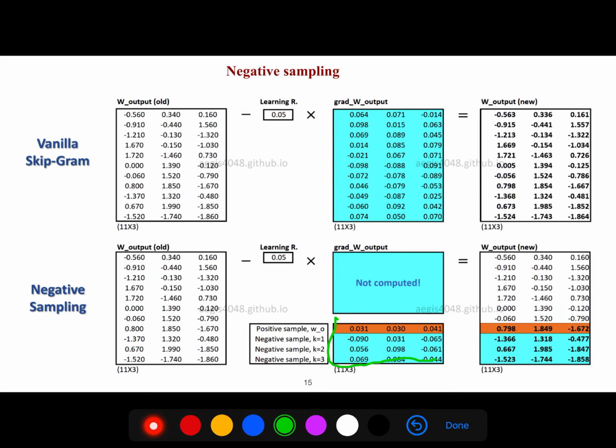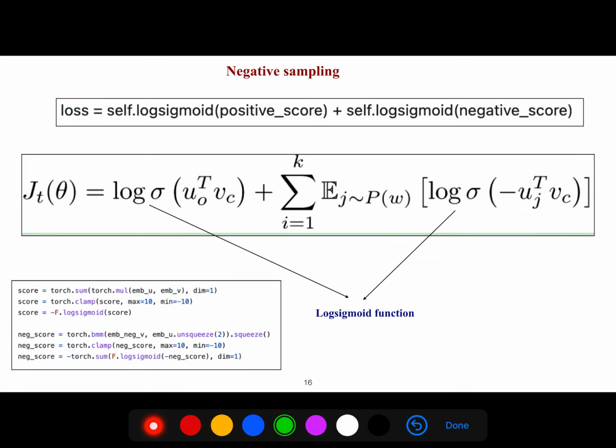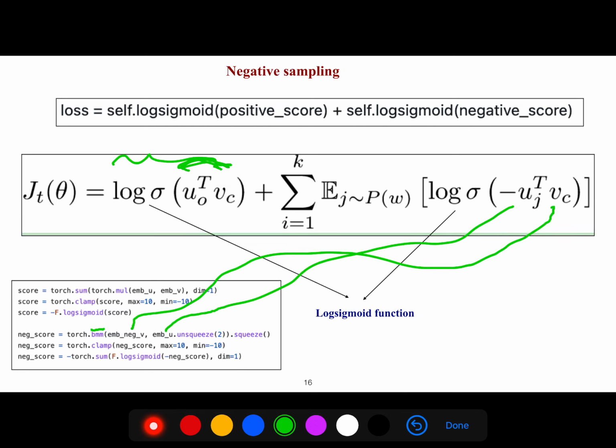You will see here for loss you need a negative loss, and you need a positive loss here because you want to increase this likelihood. What you get here is the batch matrix multiplication of negative V, and embedding U and embedding V negative.